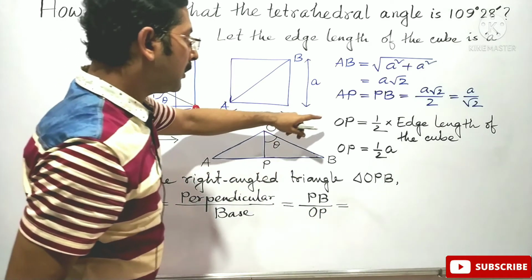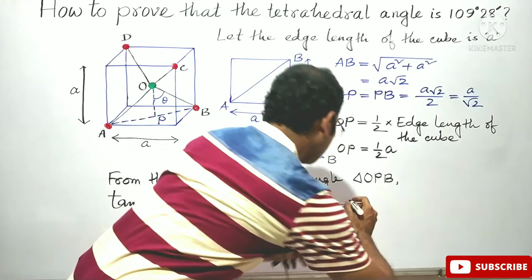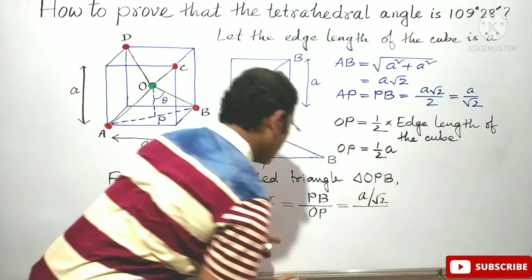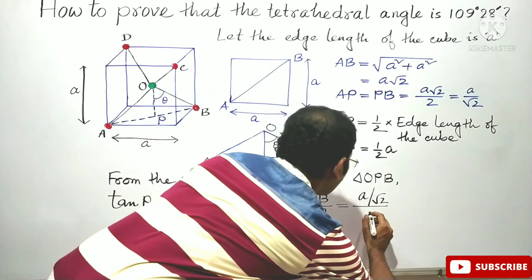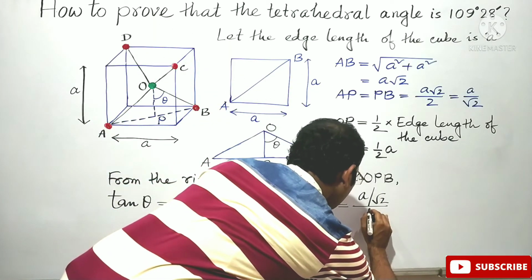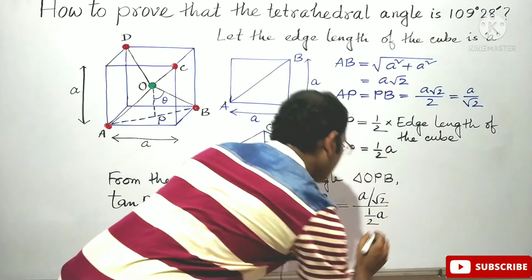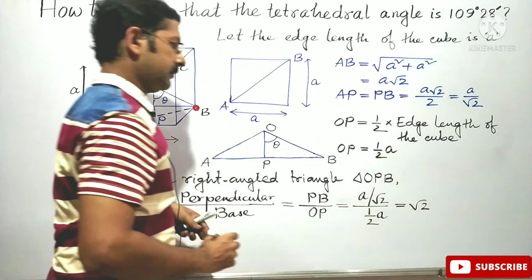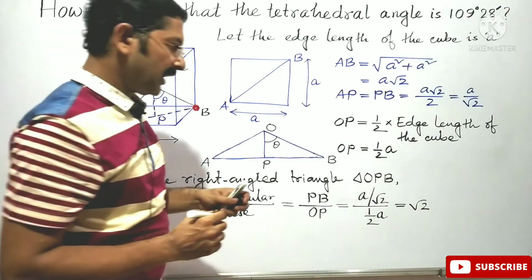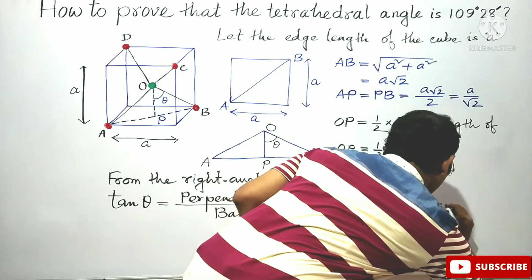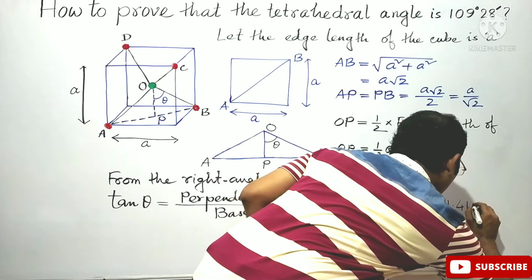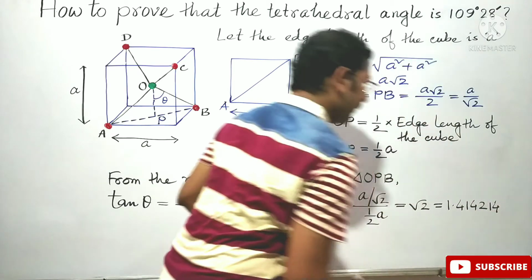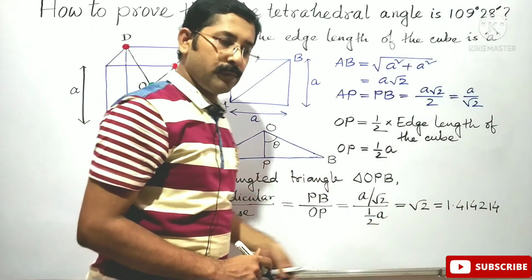So PB equal to A by root 2 and OP equal to half into A. This one is nothing but root 2, and the actual value of root 2 is 1.414214.